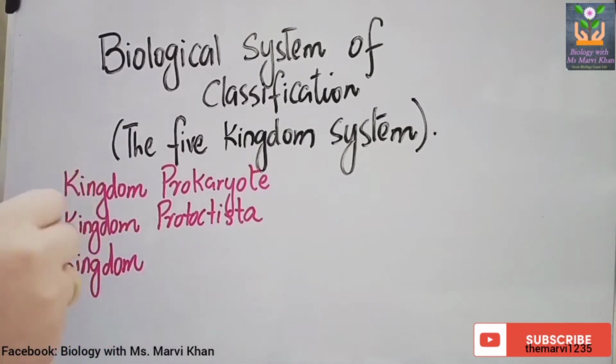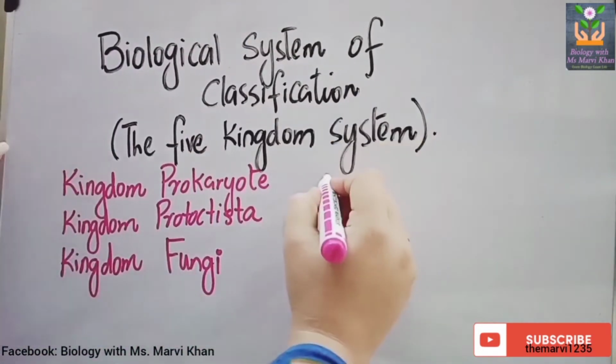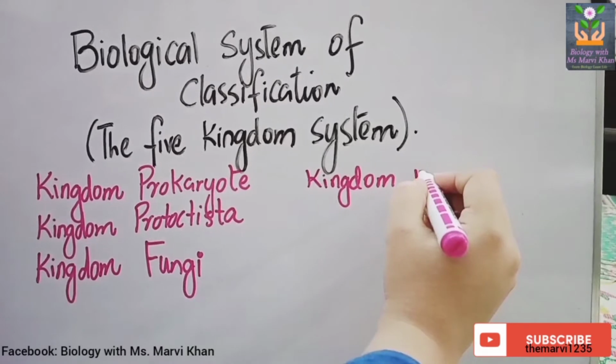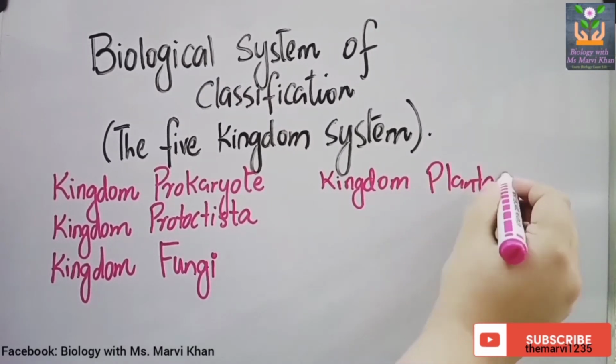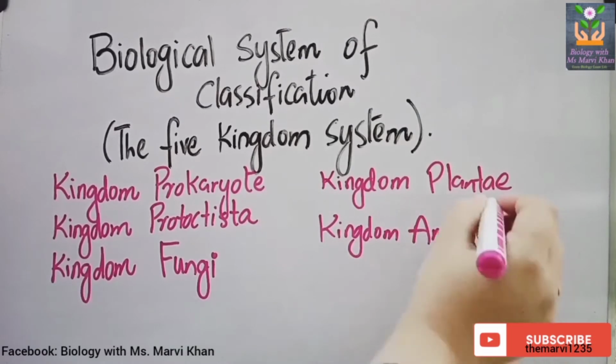Then there is kingdom Fungi, like the mushrooms, toadstools and molds. Kingdom Plantae, which includes all the green plants on planet Earth. And last but not the least, kingdom Animalia, which includes us humans and all other animals.